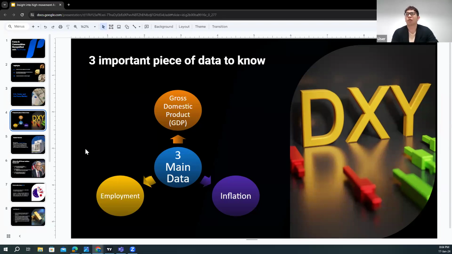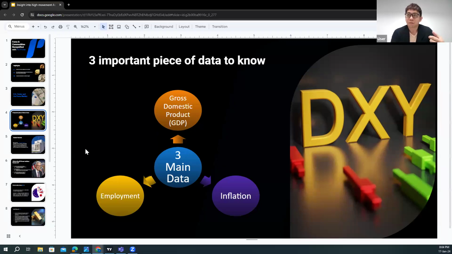First of all is the GDP, the gross domestic product. The GDP I'm talking about is the US GDP. It is a key economic data point that lets us know the economic condition in the US.